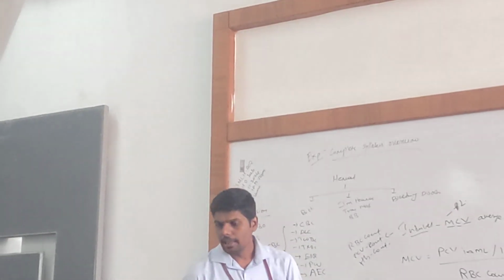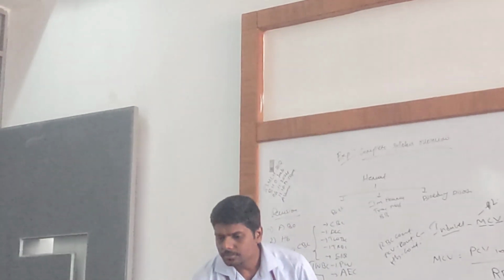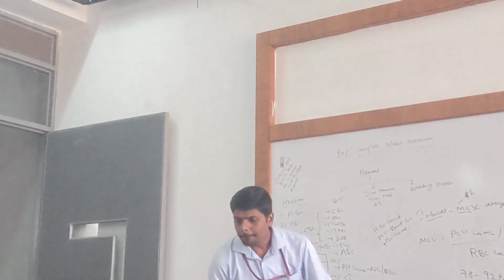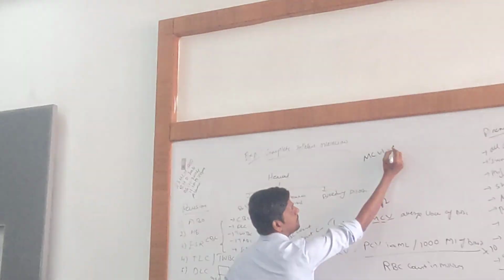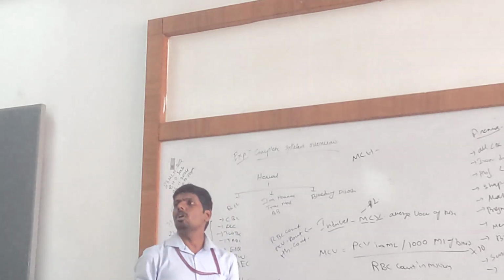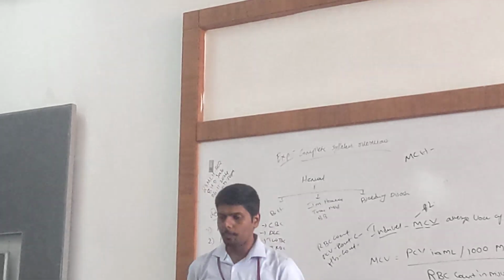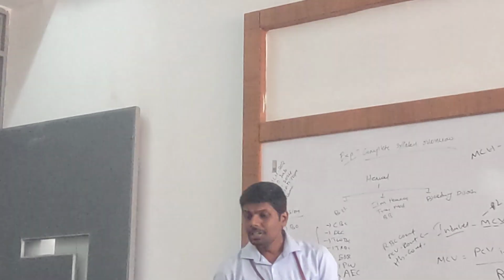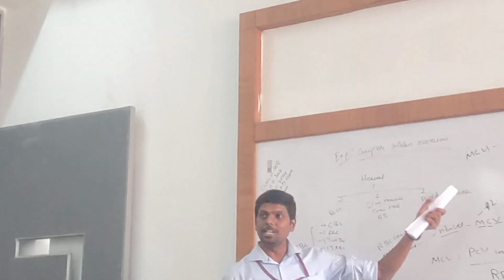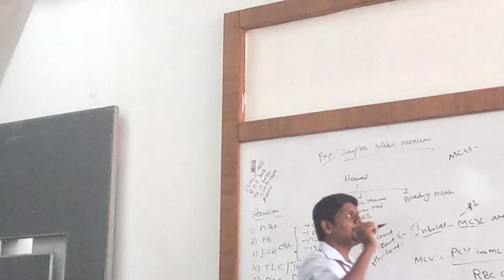Next one, write down MCH. This is very interesting. MCH, mean corpuscular hemoglobin. It measures HB in a single red blood cell.